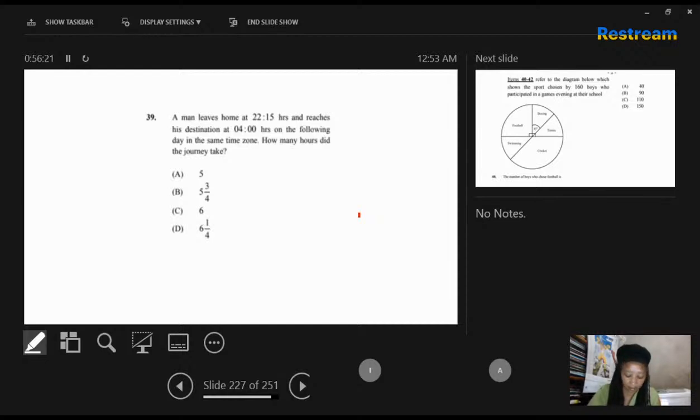Imani. Number 39. A man leaves home at 22:15 and reaches his destination at 4:00 hours in the daytime. How many hours did the journey take? So this is in army time.